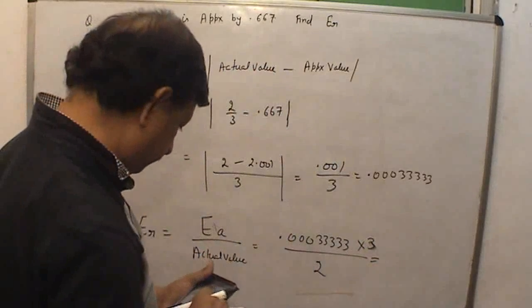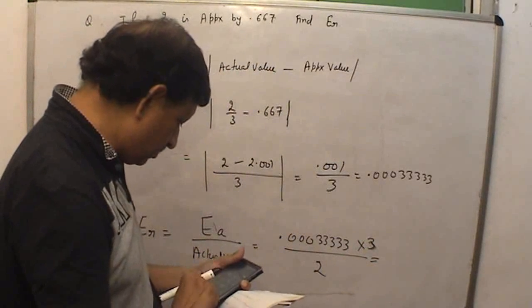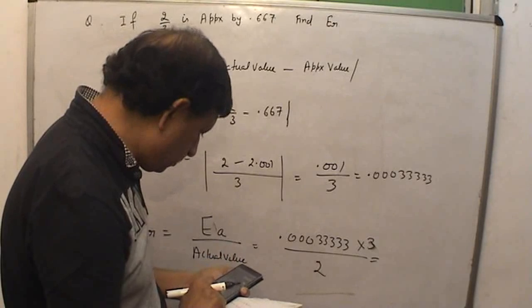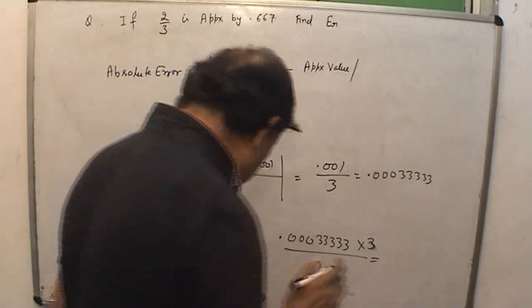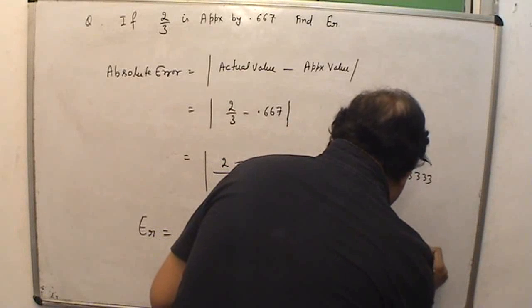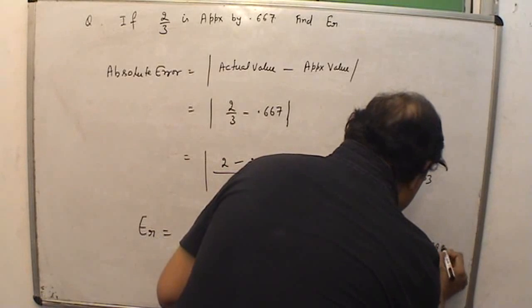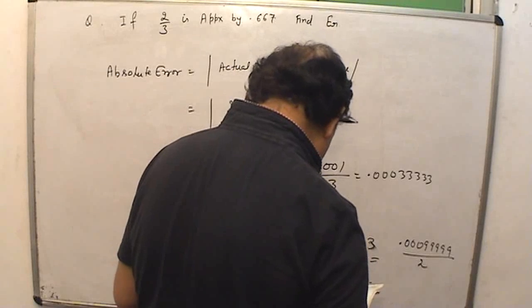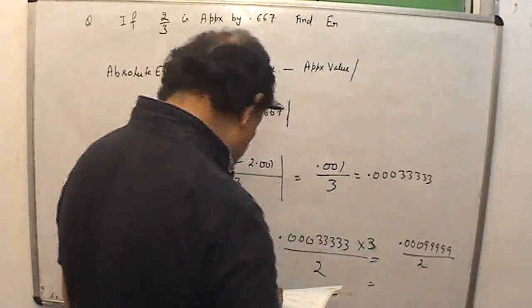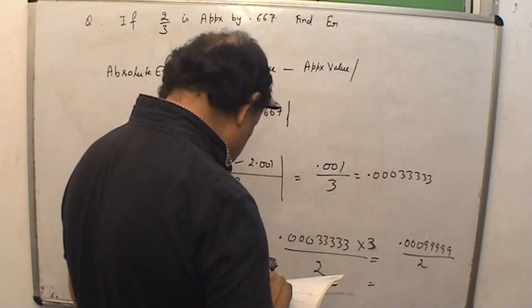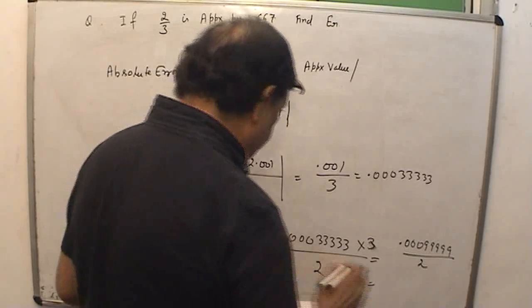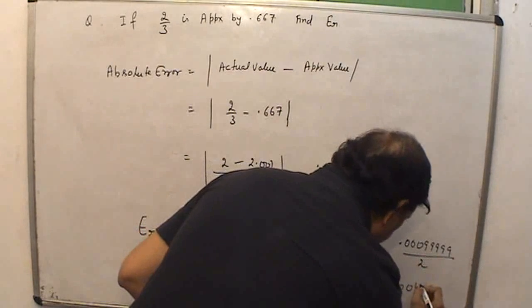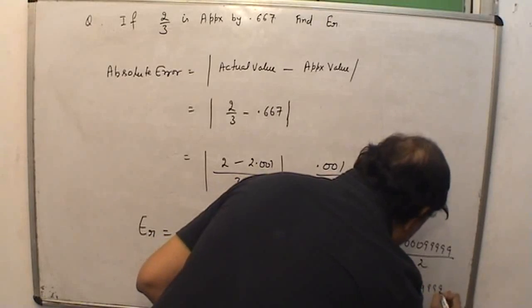That is equal to 0.00099999 divided by 2, and that comes to 0.0049999.